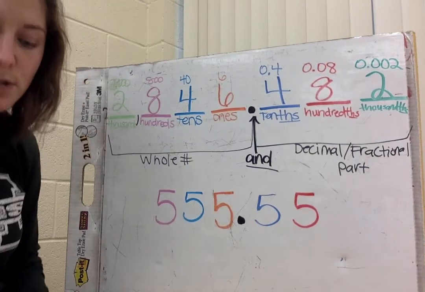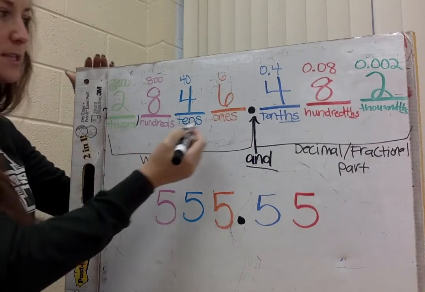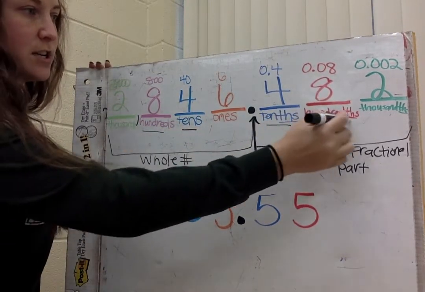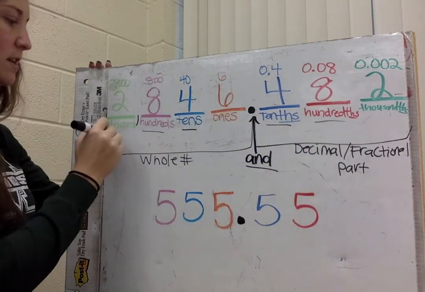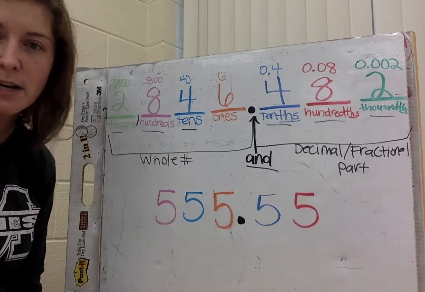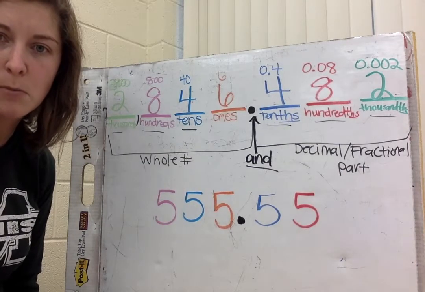Now, if you notice, I did use similar numbers: the tens and the tenths, the 8 in the hundreds and the 8 in the hundredths, and the 2 in the thousands and the 2 in the thousandths, because I wanted you to be able to see the difference between those numbers.